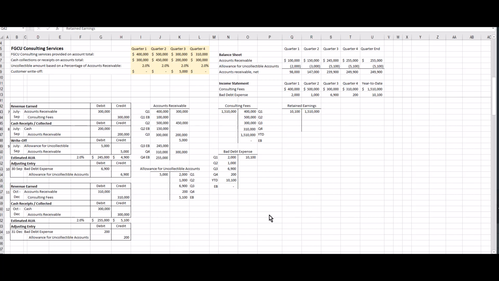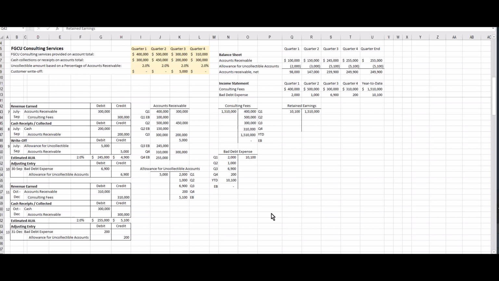Know too that there are three basic methods to estimating uncollectible accounts for an accounting period. The percentage of receivables method was illustrated here. The focus is on the balance sheet and the relationship of the allowance for uncollectible accounts to accounts receivable.